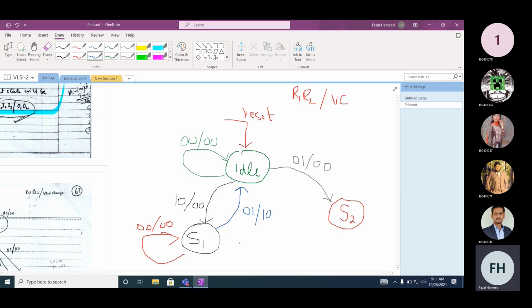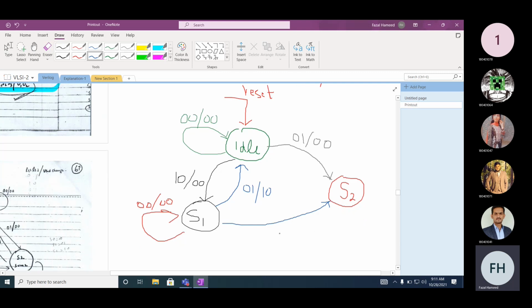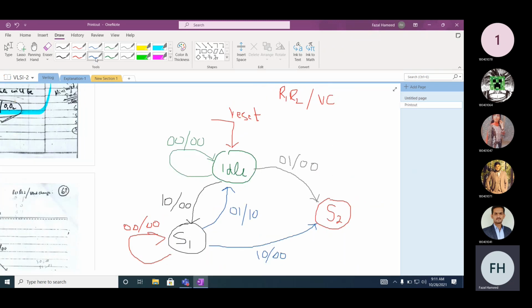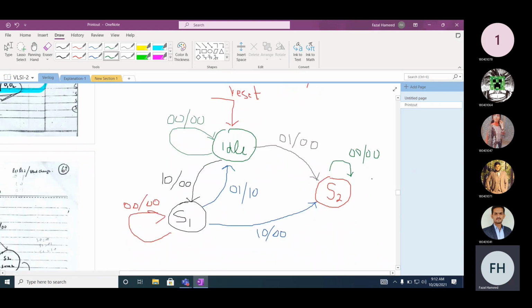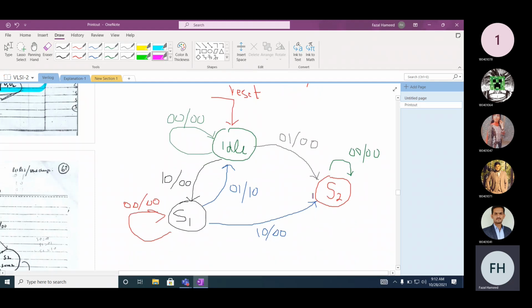What's the accumulated sum? It should go to S2. So it will be 1 0, and what should be the vend output? 0 0. What about S2? It's so simple. 0 0 will go to the same state using the same description. Then 0 1, and 1 0. When will vend be 1?